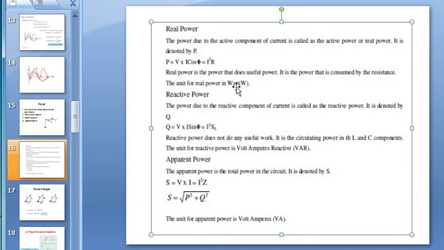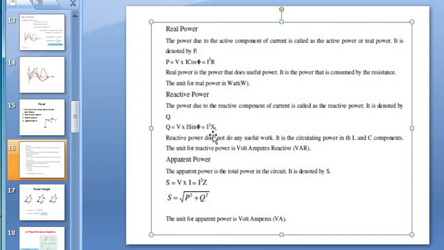The new power to you is reactive power. It is the power due to the reactive component of the current, which is called reactive power. It is denoted by the letter Q. Q is equal to voltage into the reactive component of current, which is given by I sin phi.